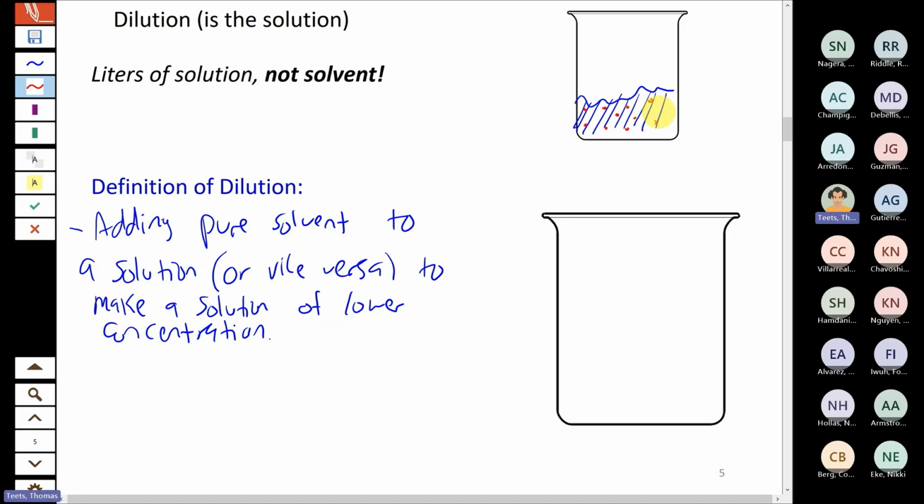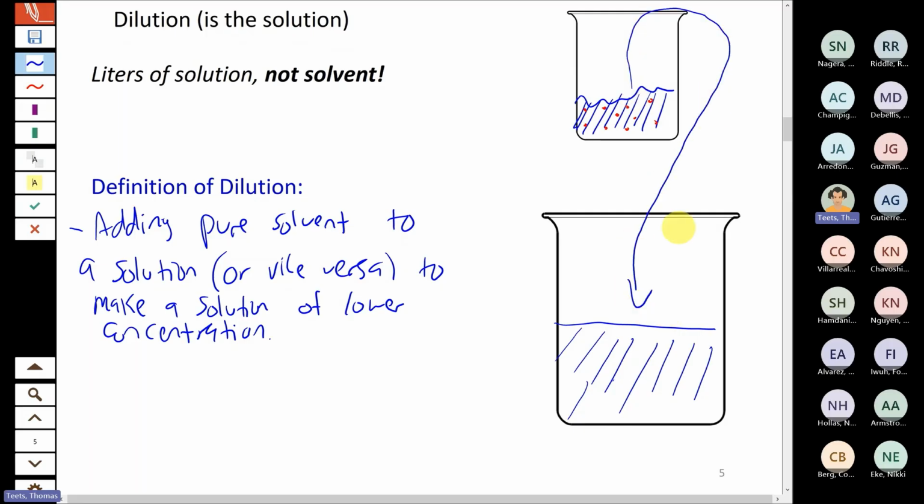Now, what you do then is you pour it into pure solvent, or you pour pure solvent into the solution, either order. But you would take this concentrated solution and pour it into here. That's the process of dilution. When you do that, as you can hopefully tell just by my crude drawing, the volume of the solution gets much bigger because you're adding solvent to it, but the number of solute particles stays the same.